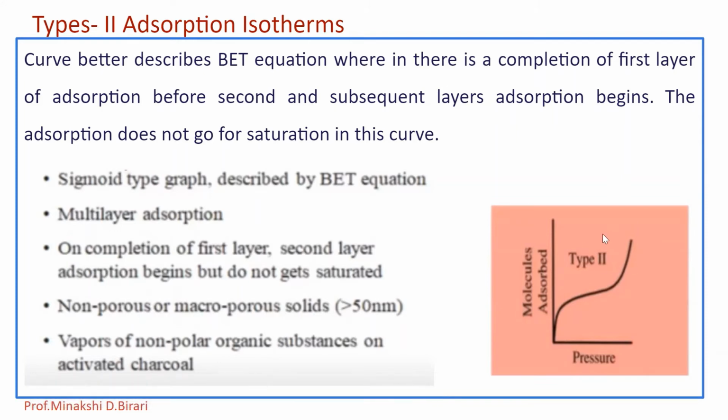On completion of the first layer, second layer adsorption begins but does not get saturated. This type of adsorption isotherm is given by non-porous or macroporous solids. The vapors of non-polar organic substances on activated charcoal are examples of this type of adsorption isotherm.